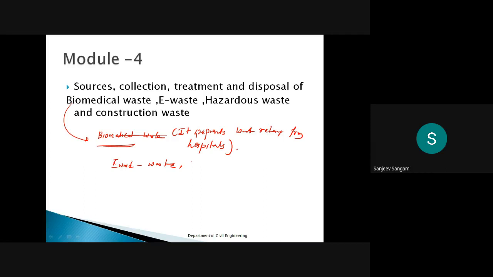If they are not usable, how can they be used and processed? Then hazardous waste. The best example is batteries and lead-based waste. Then the construction waste.